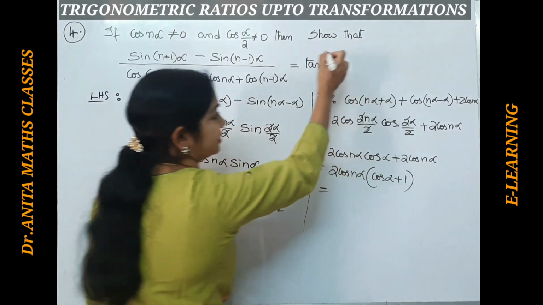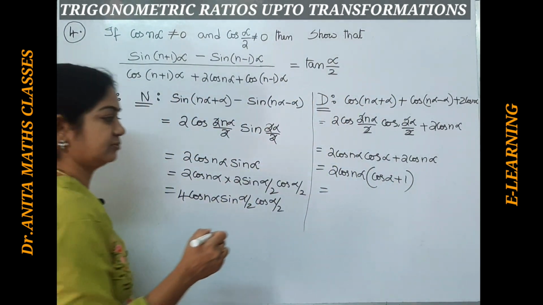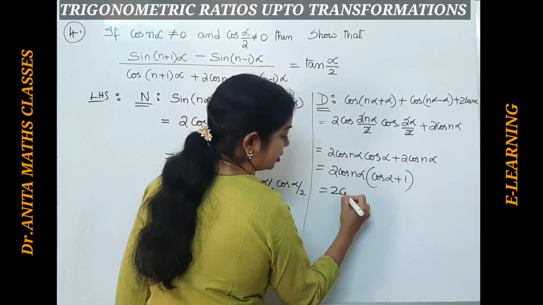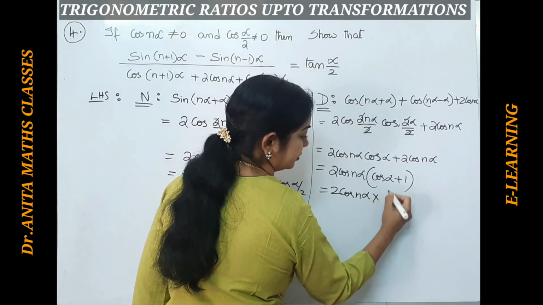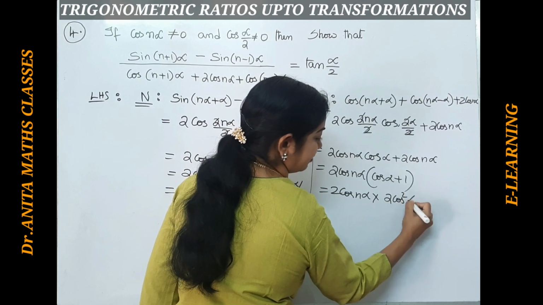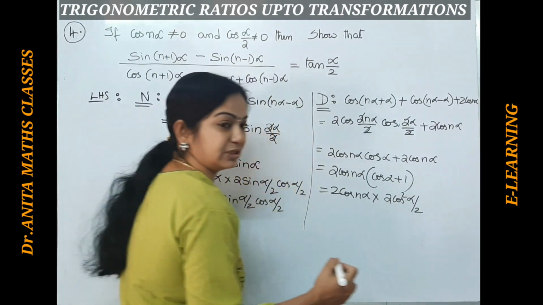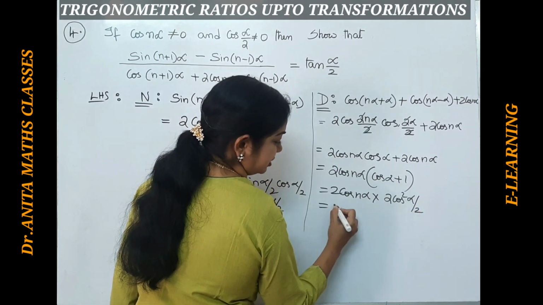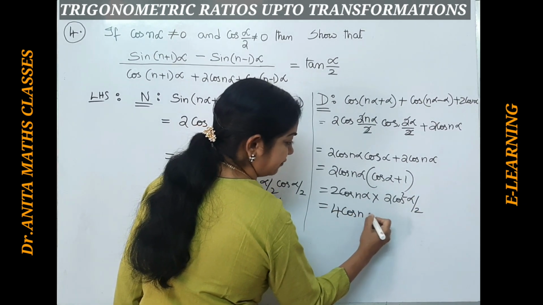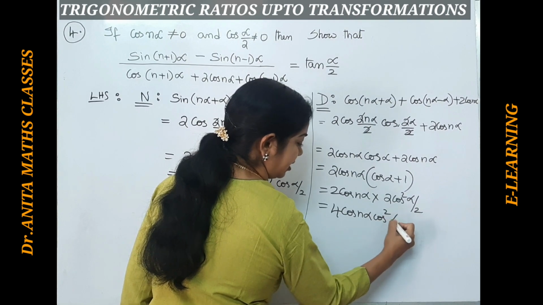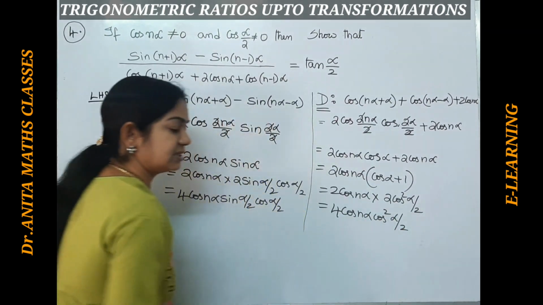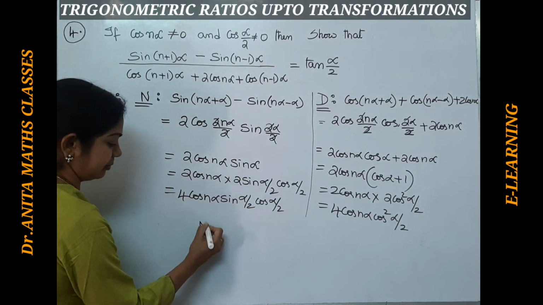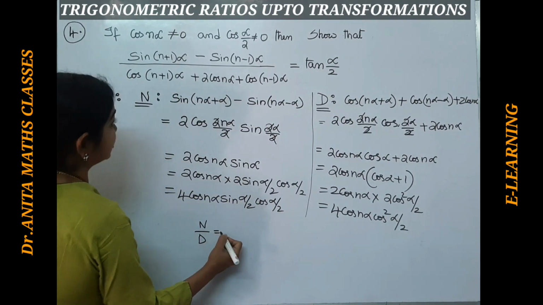Since our answer is in alpha by 2, we can write this as 2 cos n alpha into 2 cos square alpha by 2, applying the cos 2 theta formula. So this becomes 4 cos n alpha cos square alpha by 2. This is the denominator part. Now we will write numerator by denominator. That was the question here.